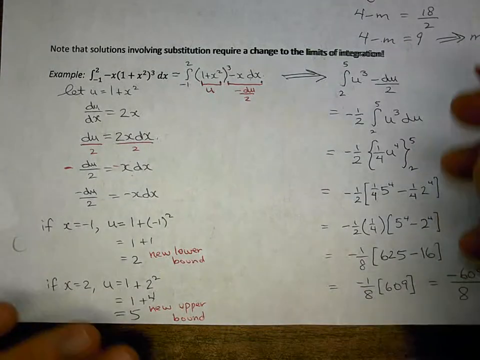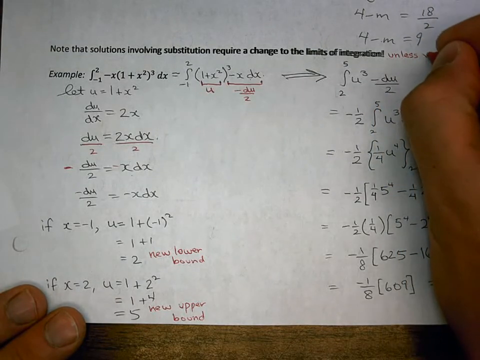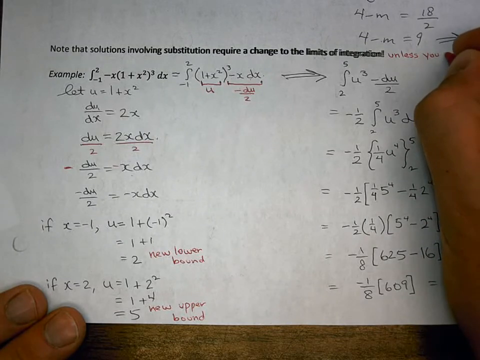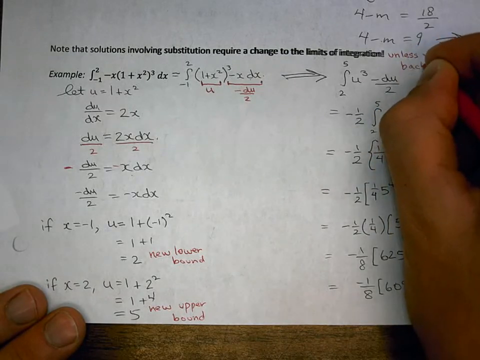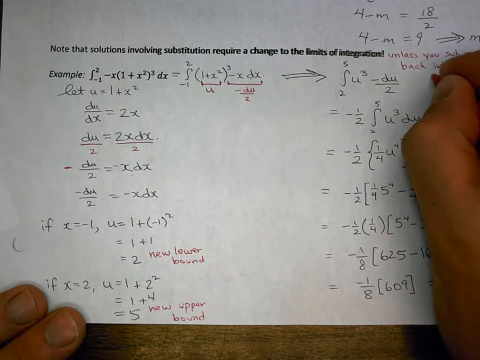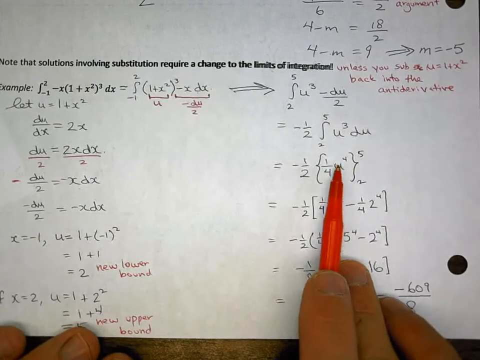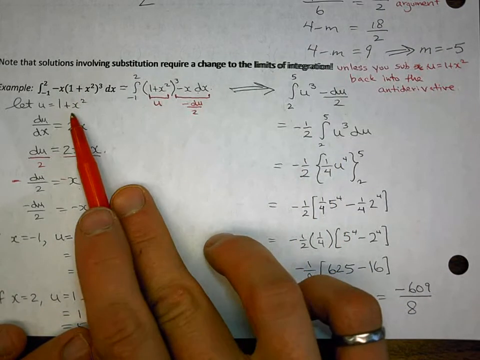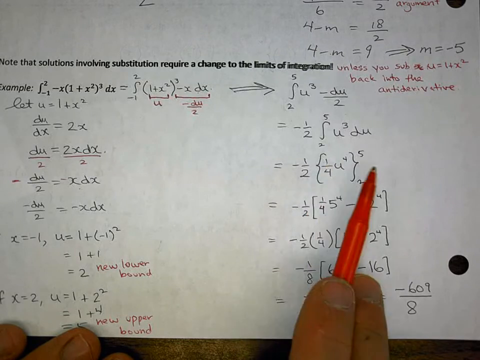I should say, and you can ask me to show you this, that one way of getting around this is, once you've done the antiderivative, you could sub u equals 1 plus x squared back into the antiderivative, and then you could use the actual x limits of integration.